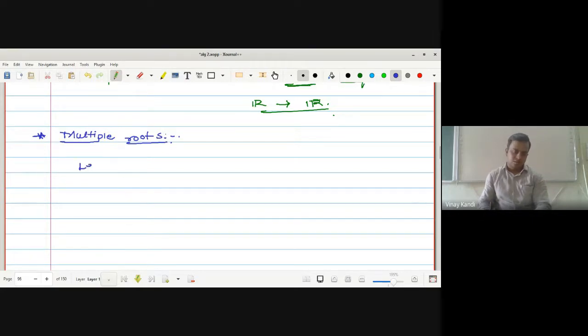Let capital F be any field and P of x a polynomial belonging to capital F of x.